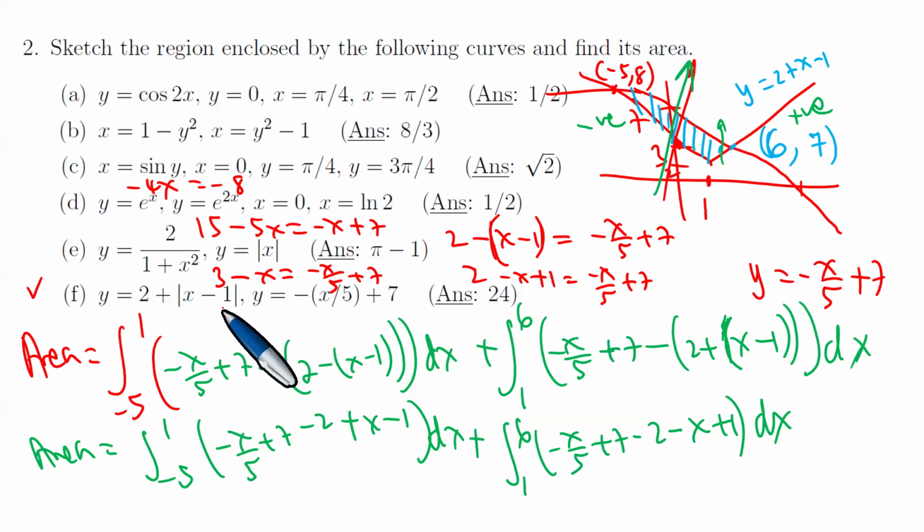Let's check. It's a minus x plus 1, minus x plus 7. So yeah, you'd have this one in negative slope.